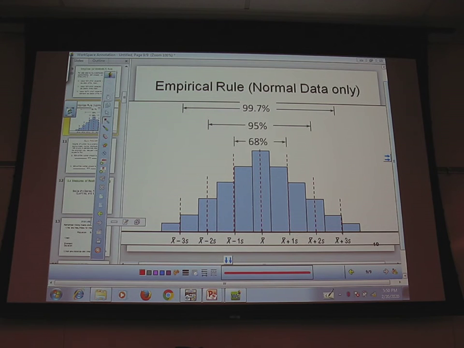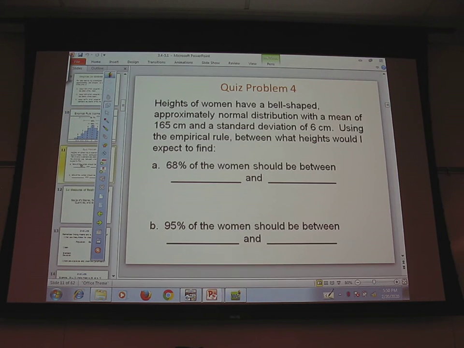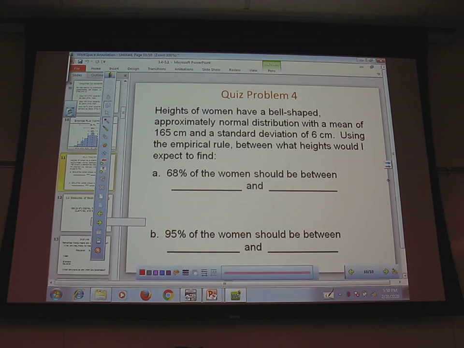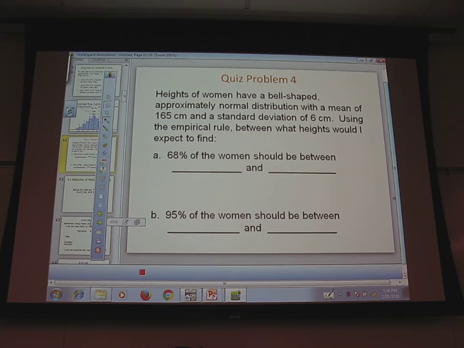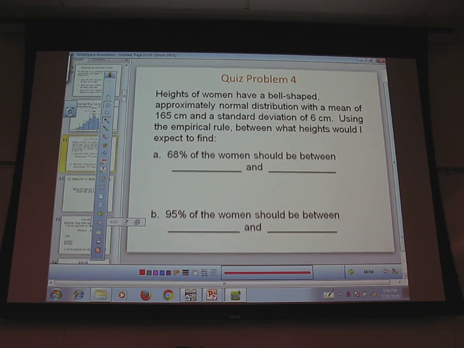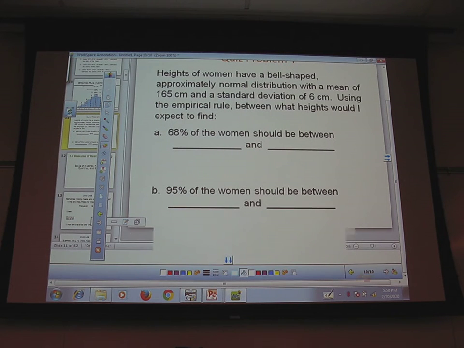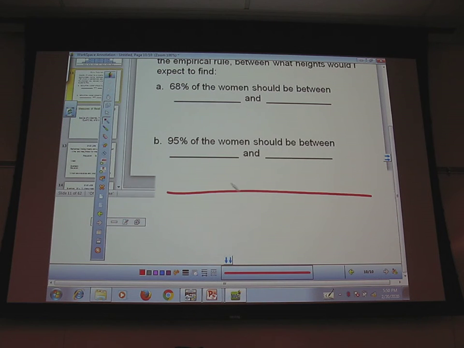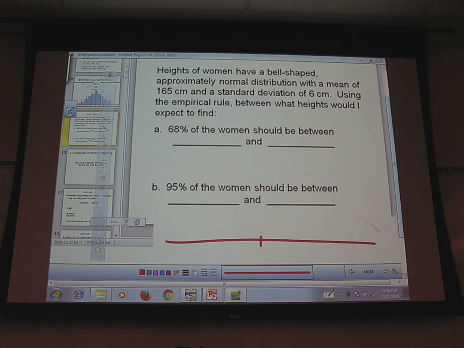Okay, so let's take a look at this one. I think yours was what percent should be between... so here's one way of doing this one. Here's my mean. What was my mean? 165.